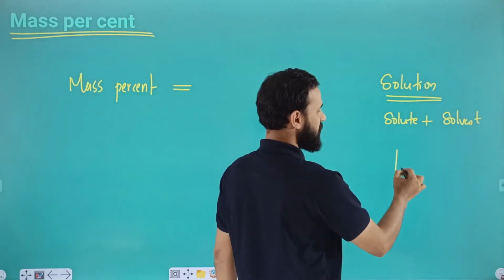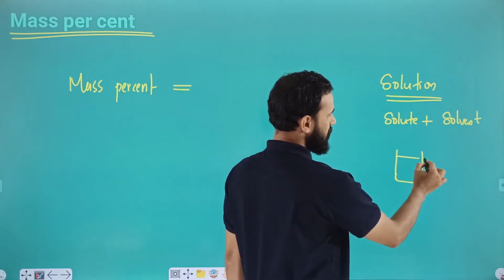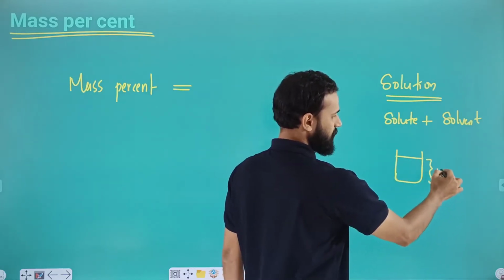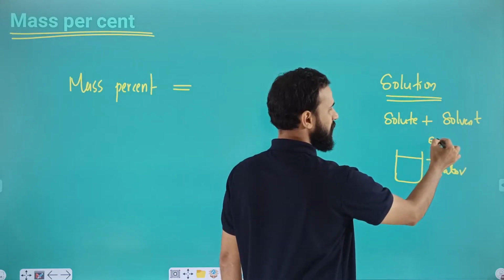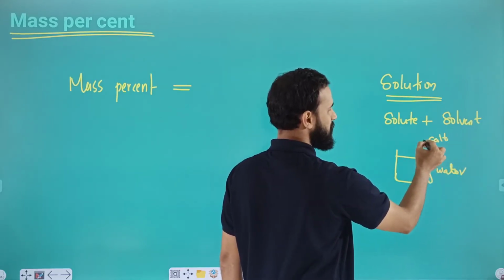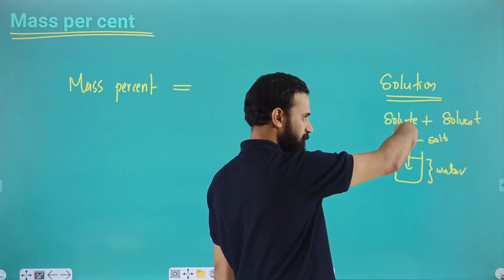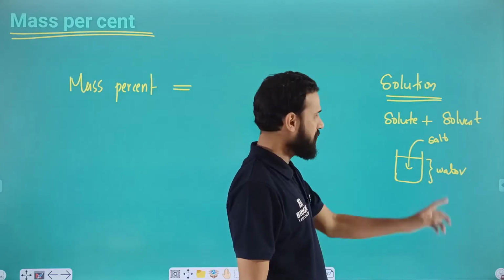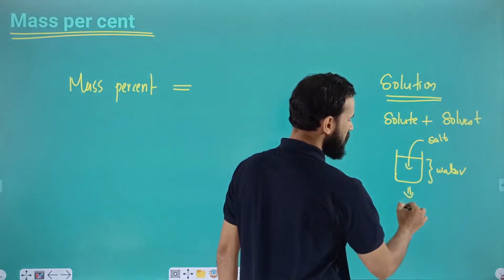Suppose we are taking a beaker, and we are taking water up to this level. We are adding some amount of salt to this water and completely stirring it. What will happen? That salt will dissolve in the water, and we will get salt solution.